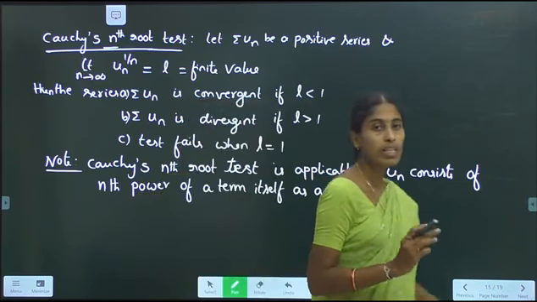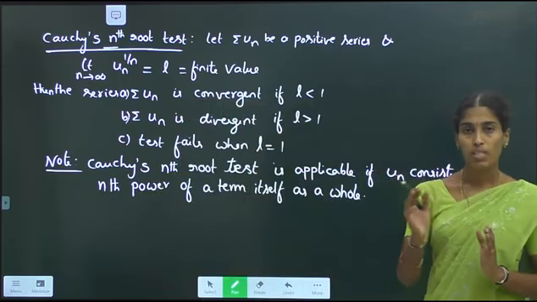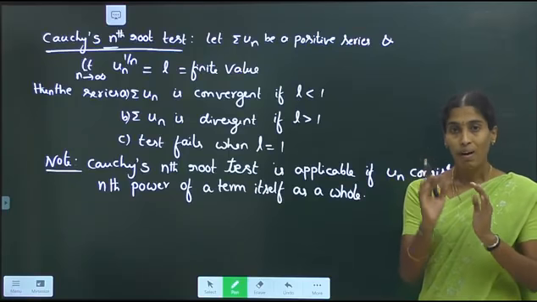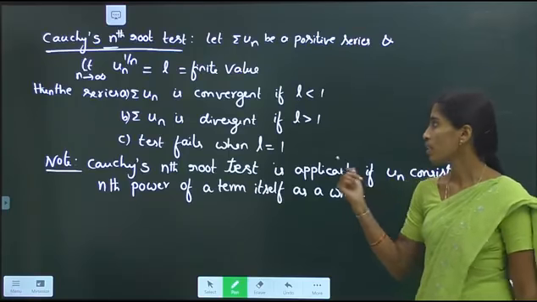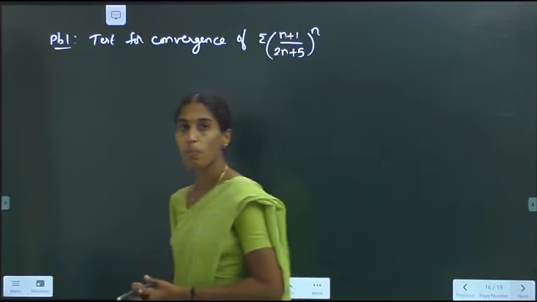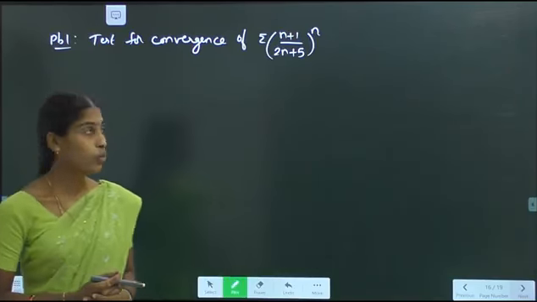That is, un is equal to some x plus 3 by x plus 2 whole to the power n. If some power n is there, then we apply this Cauchy's nth root test. Now we see the problems on this Cauchy's nth root test.